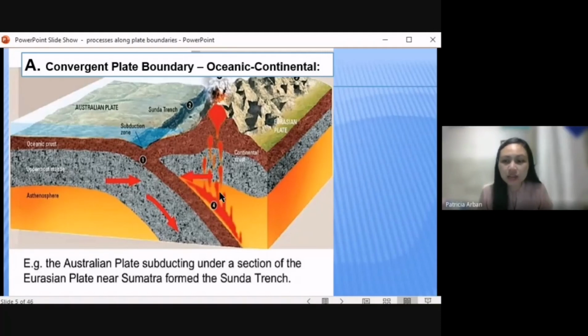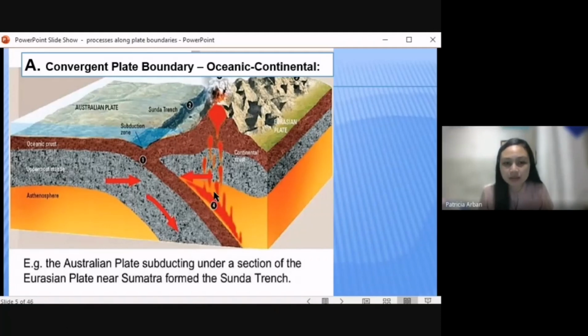Kaya nagkakaroon tayo ng magma chamber sa ilalim. And that magma will find its way out. As you can see here, it will rise up. Why is it that it will rise up? Since it is hotter, it becomes less dense.